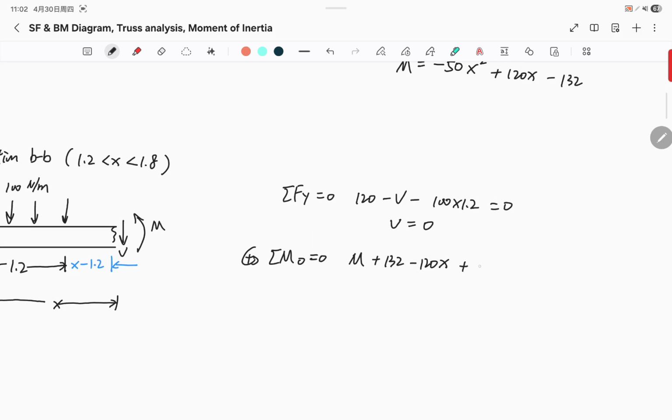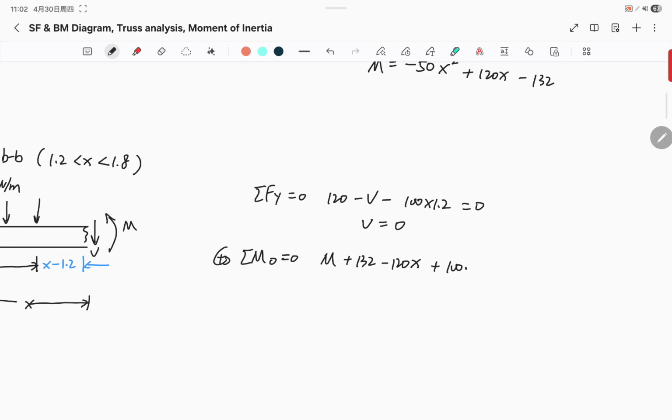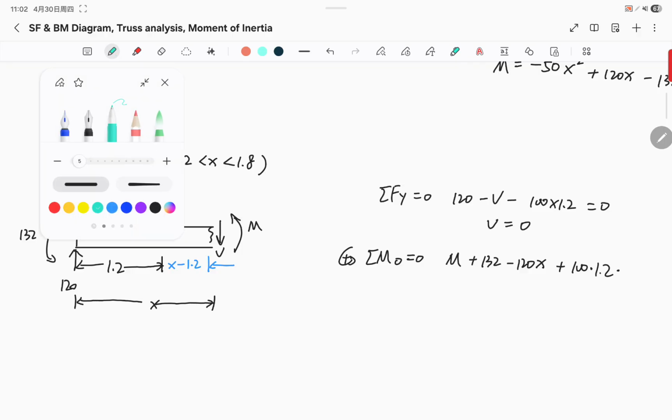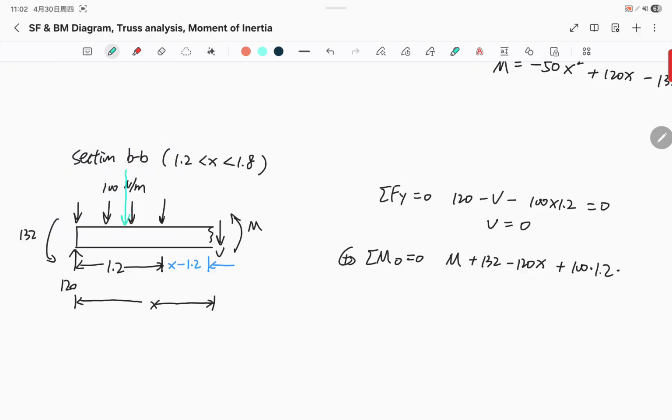So the magnitude is 100 times, I'm gonna write a dot as times, 1.2. The distance, if I were to replace this, the distance here to point O, where we take moment, the pivot point, is x minus half of 1.2, which is 0.6.